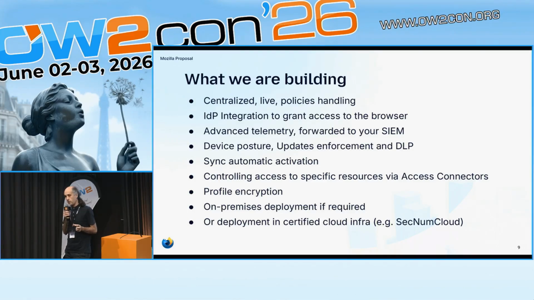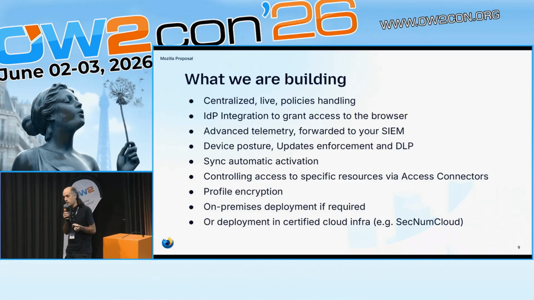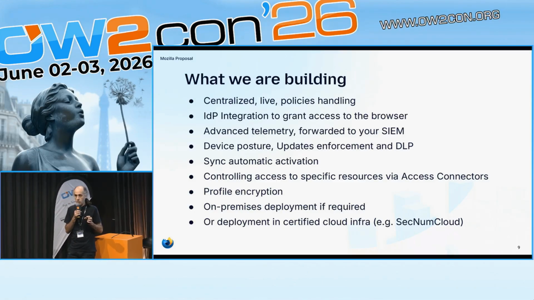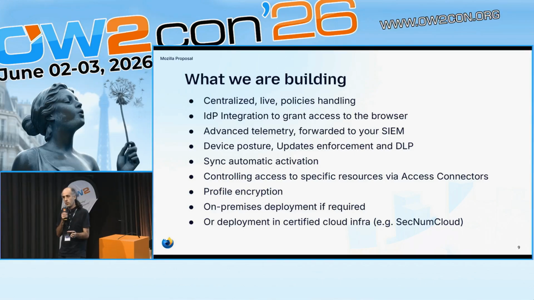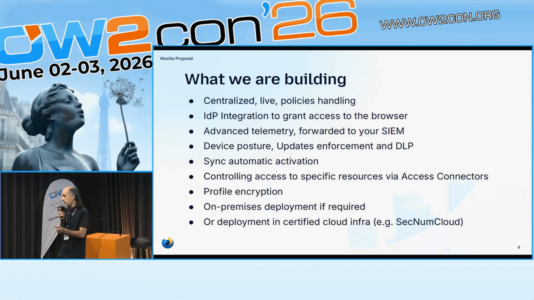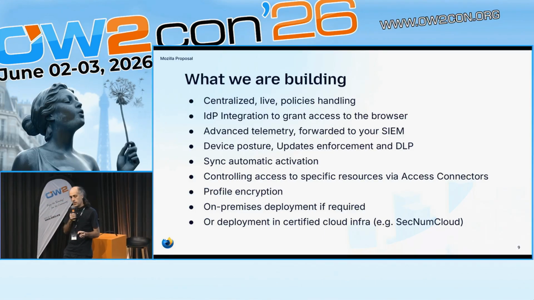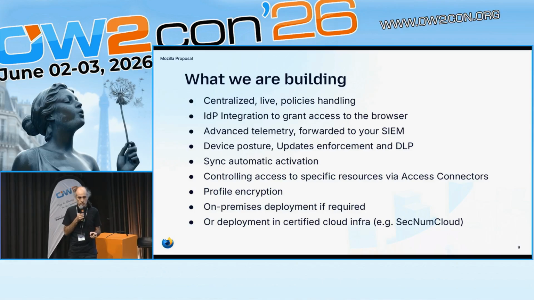So the IMEI is a modem serial number. And so you can imagine that an administrator will want to cross-check the serial number that is being sent by the device with what they have in their database. And if someone is trying to tamper with the device, they will reject the connection. That's one way to see device posture.